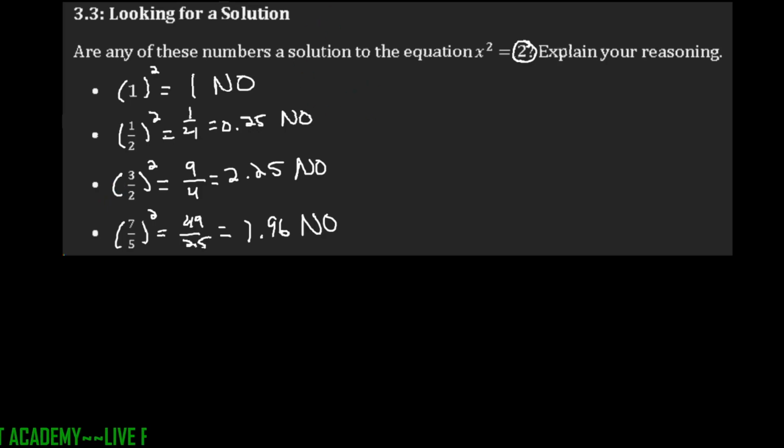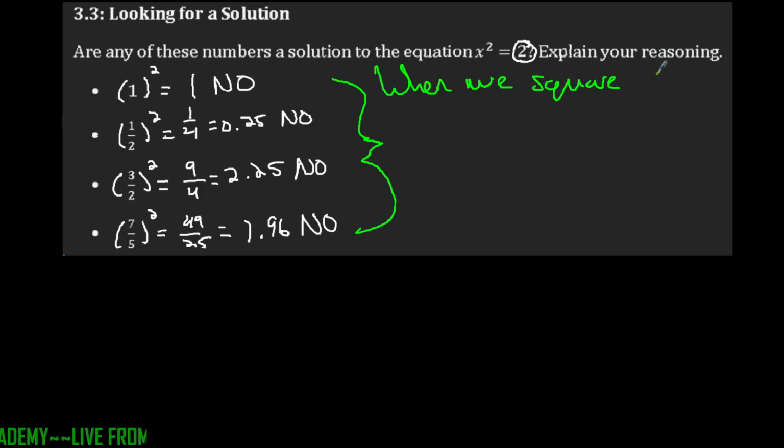Again, be able to explain the reasoning for this. So let's summarize it. When we square, or raise to the second power, these numbers, let me write that below: second power. There we go.